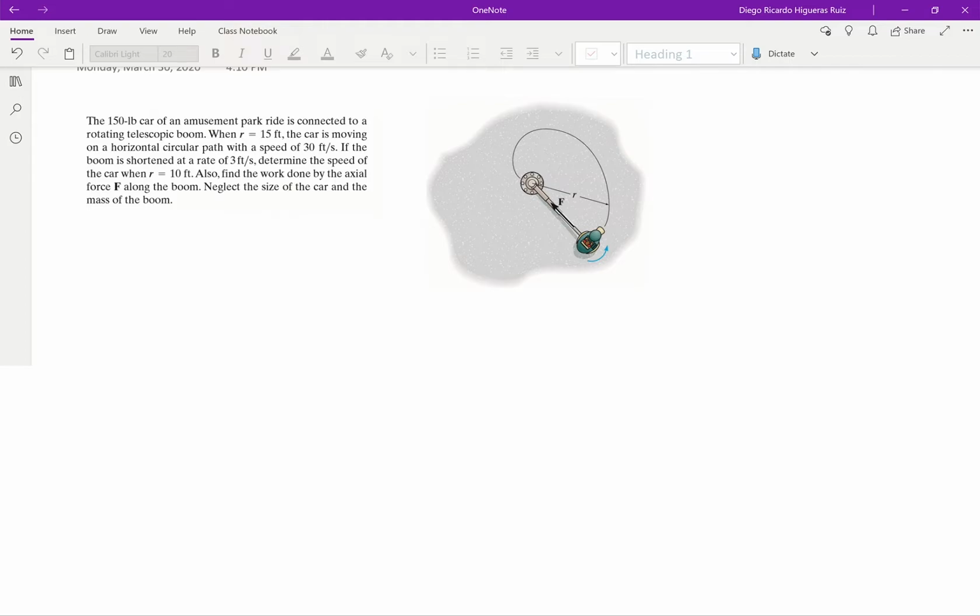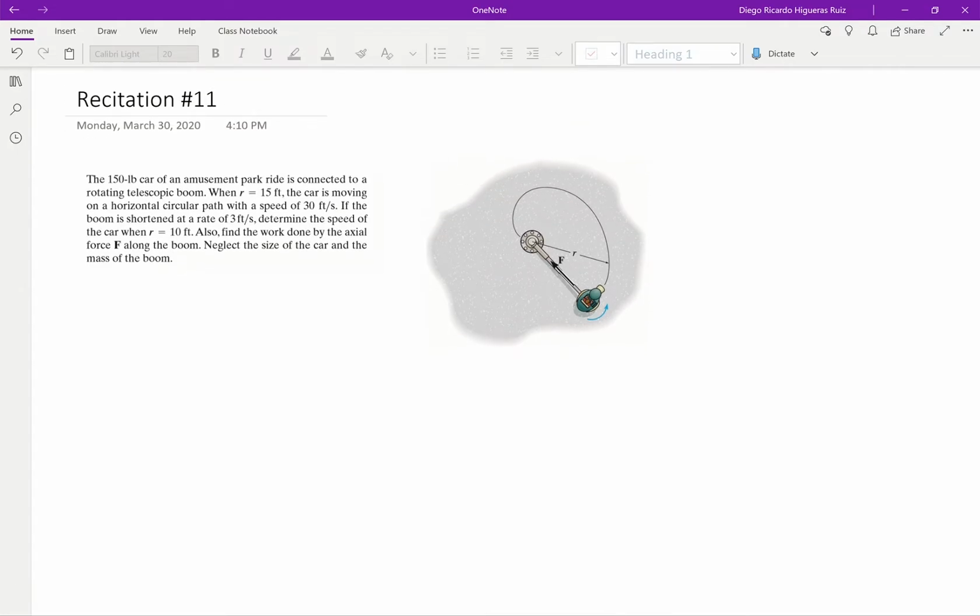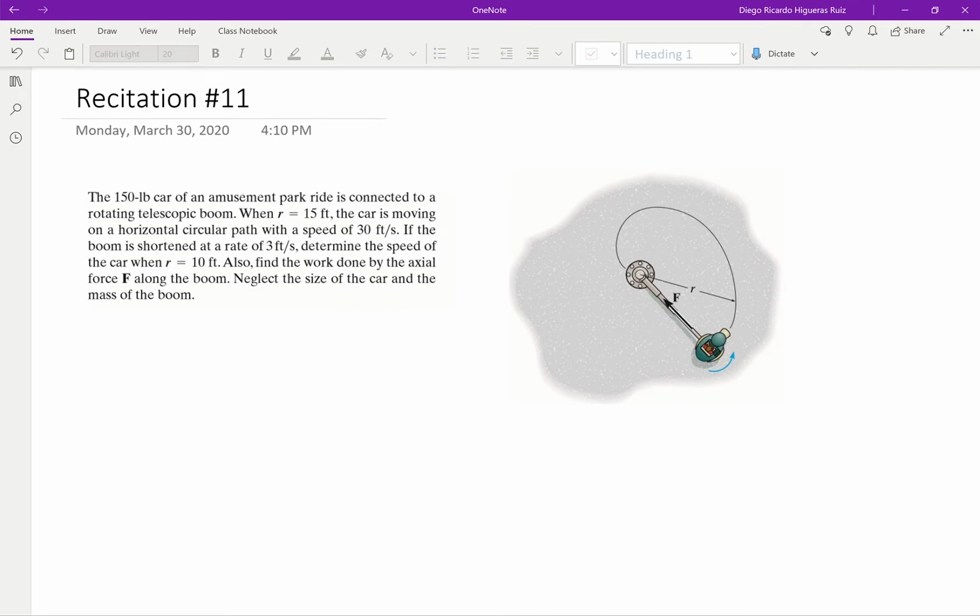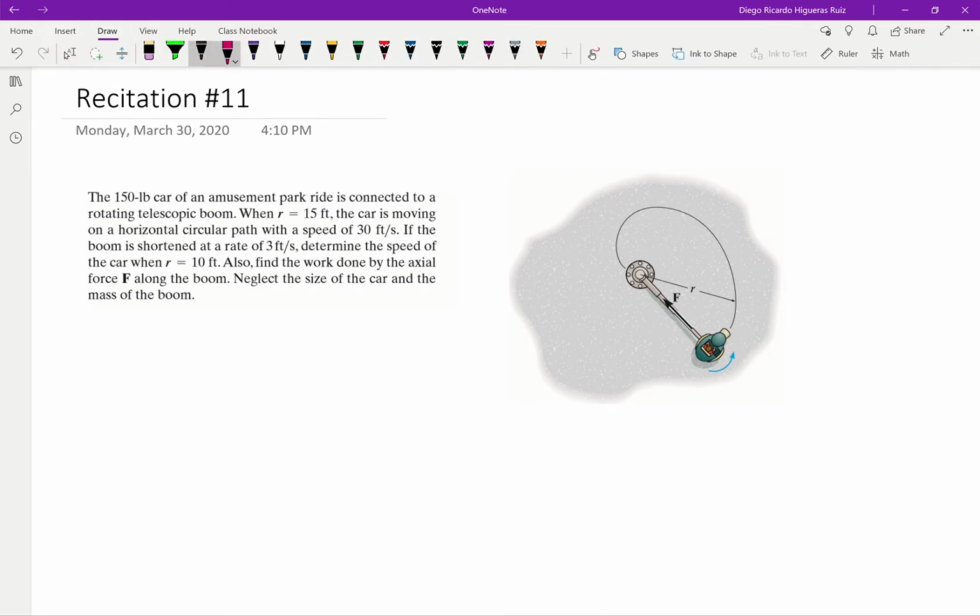Alright, so hello everyone. This is gonna be the second online recitation that we're having, and today we are gonna be doing conservation of angular momentum. So let's write that down.